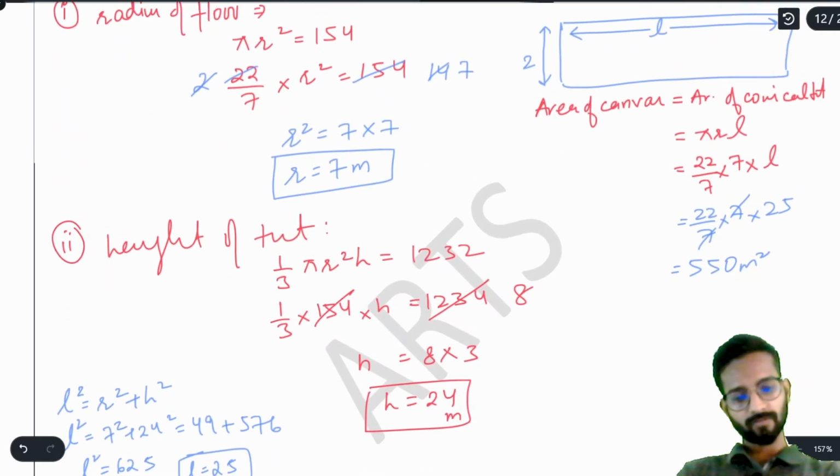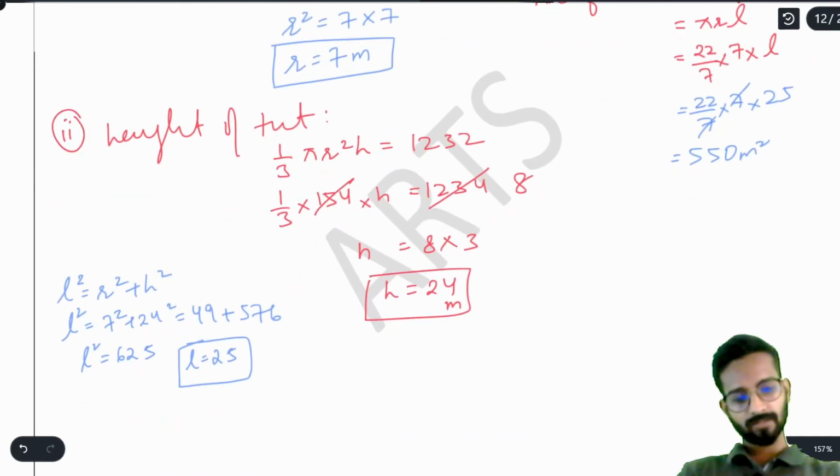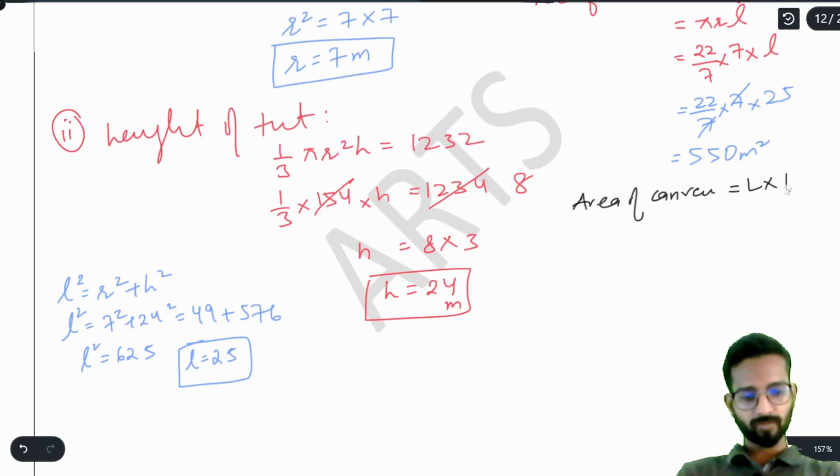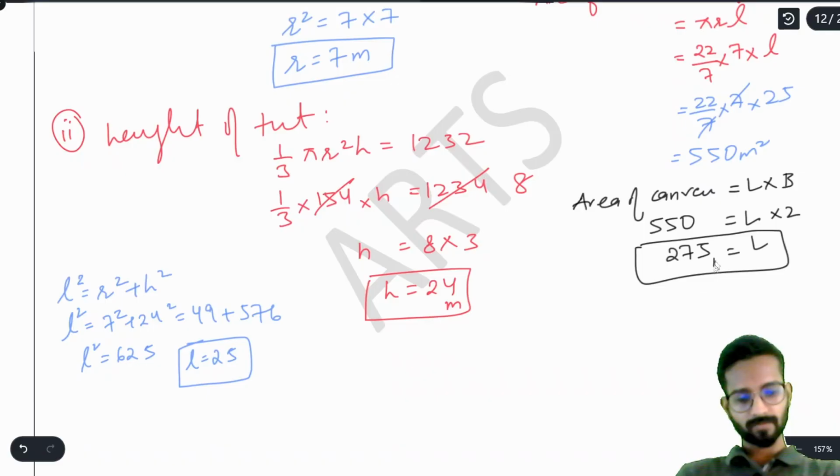The canvas is a rectangle, area is length into breadth. Breadth is 2 given, area of canvas is 550 given, so length we can easily find out, that will be 275 meters. Understood? This is how we are supposed to find the length of the canvas.